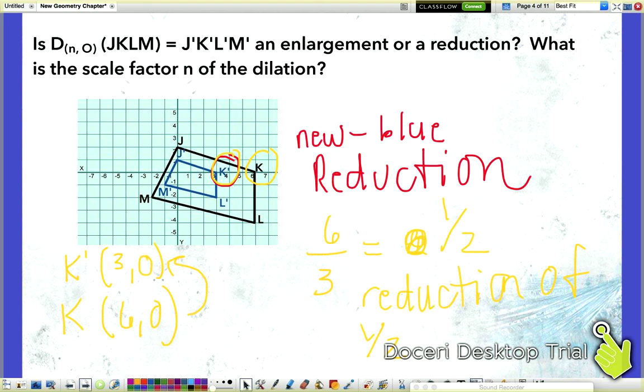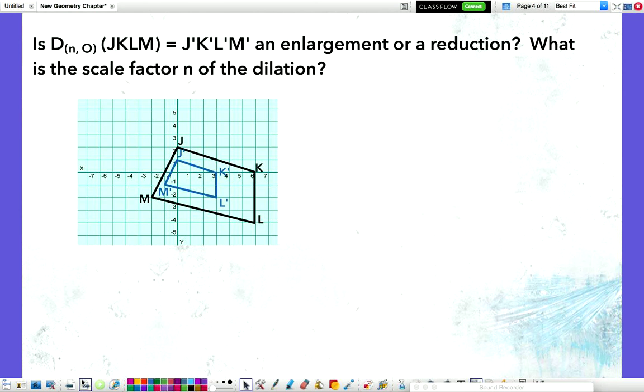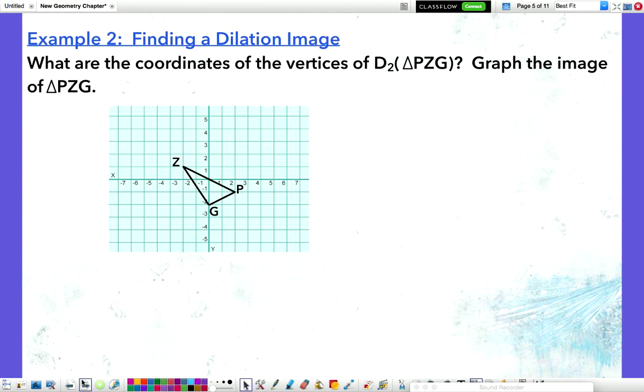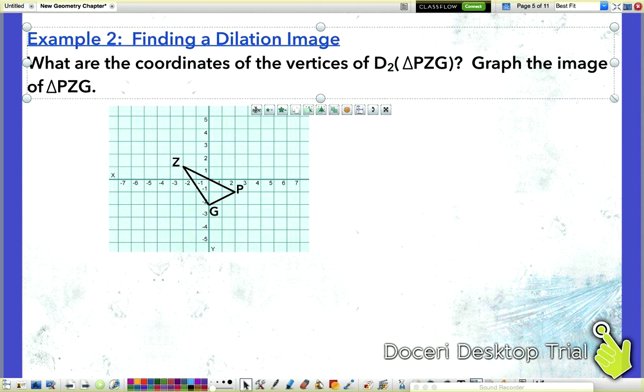Let's look at actually doing this. I have got a figure here, and I'm going to graph the image. I'm always going to graph the original image. But here's what they want me to do.